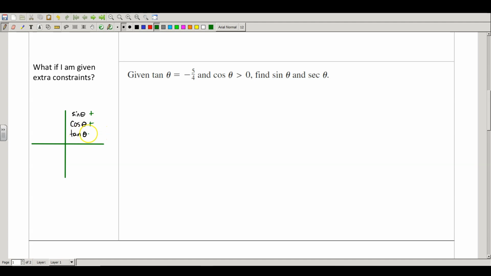Tangent is y divided by x, like sine divided by cosine. Since I'm taking a positive divided by a positive, the tangent would also be positive in the first quadrant. So let's write the same thing in all 4 quadrants.